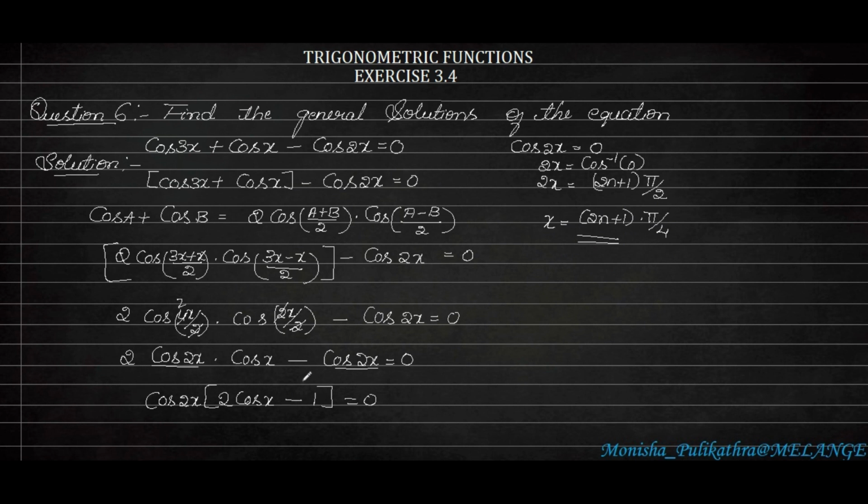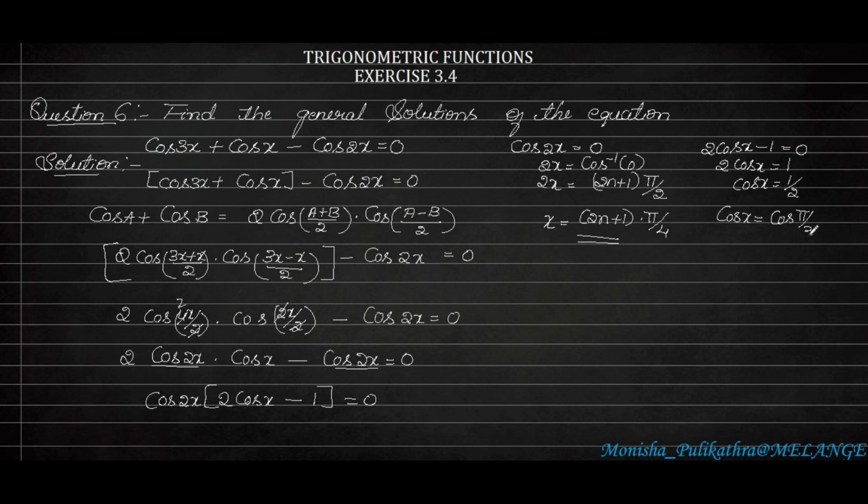In the same way we need to equate the second equation also, that is 2 cos x minus 1 is equal to 0. So this will become 2 cos x is equal to 1, cos x is equal to 1 by 2. So from the table the value of 1 by 2 in cos form is cos pi by 3.